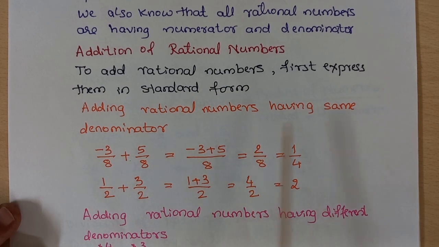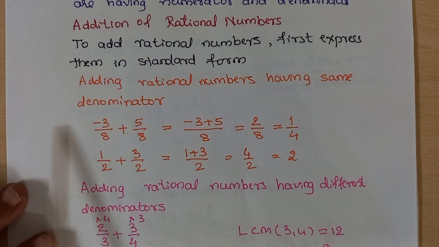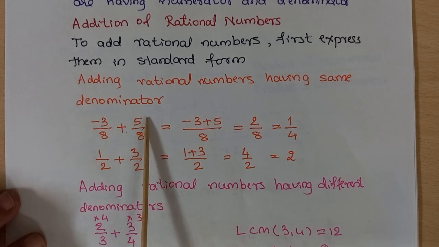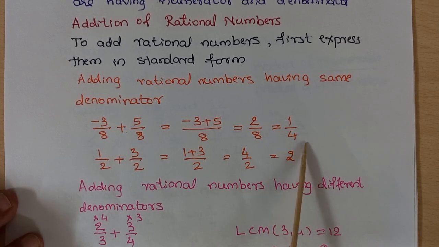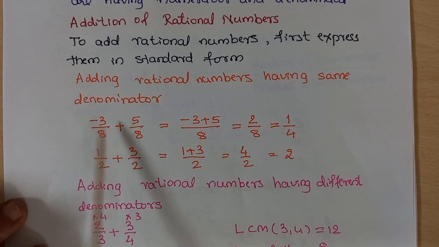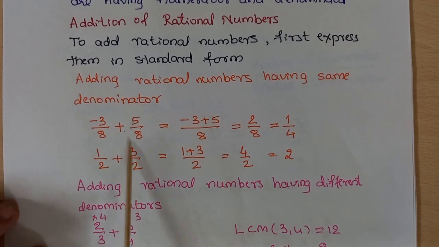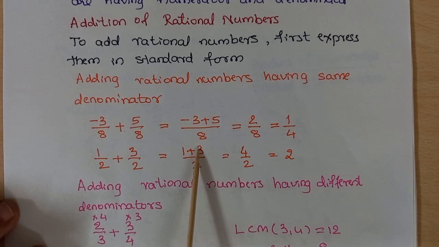Adding rational numbers having the same denominator. The first case is numbers with the same denominator. If the denominators are the same, we simply add or subtract the numerators and write the sum or difference as the numerator and the common denominator as the denominator of the sum or difference. See here, minus 3 by 8 plus 5 by 8 is equal to minus 3 plus 5 divided by 8.